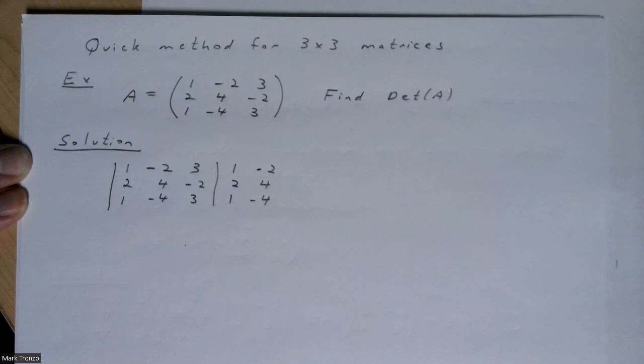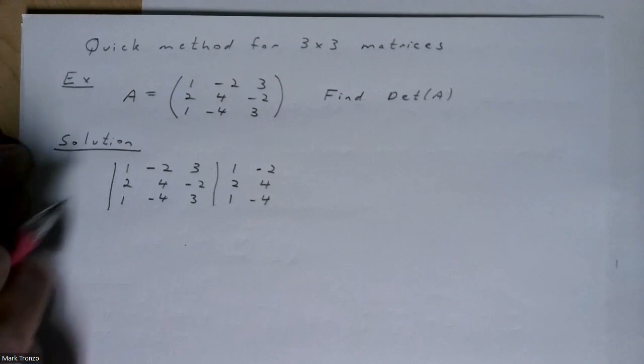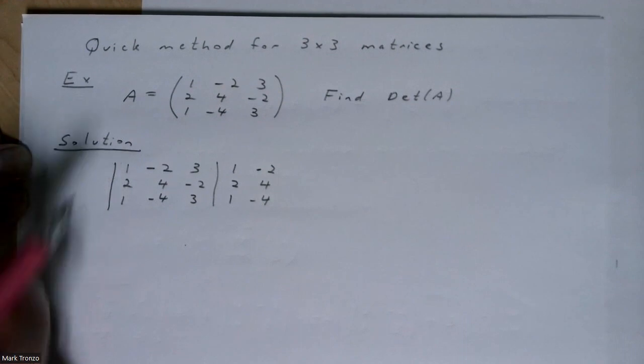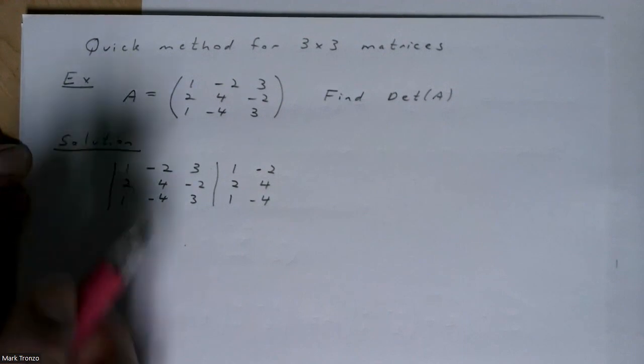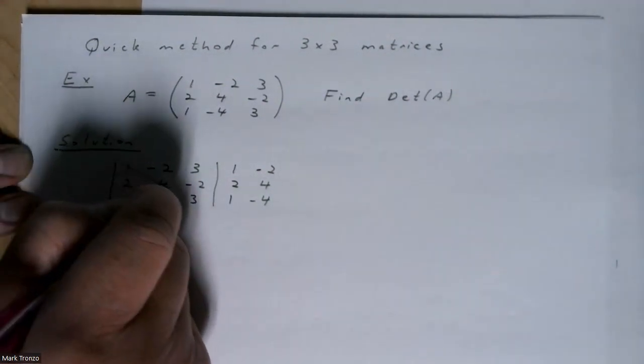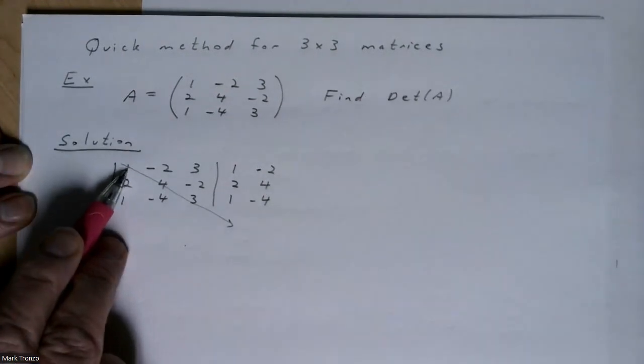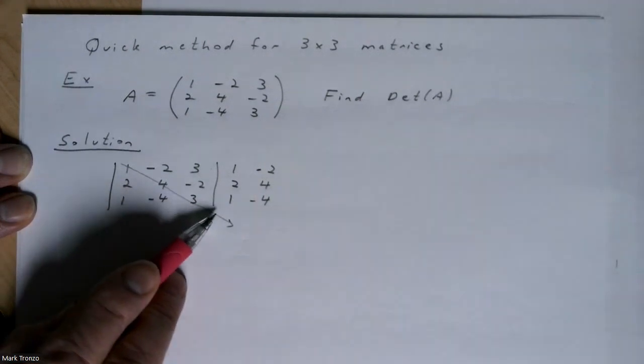And so now what we do, start here. Once again, start in the first row and make an arrow down this direction. First row, first entry, make a diagonal arrow.